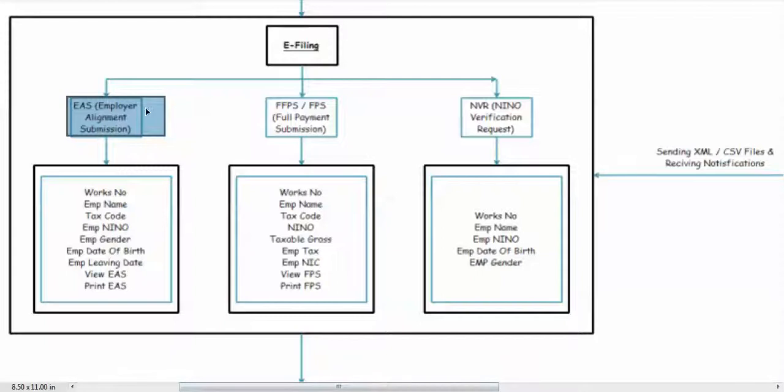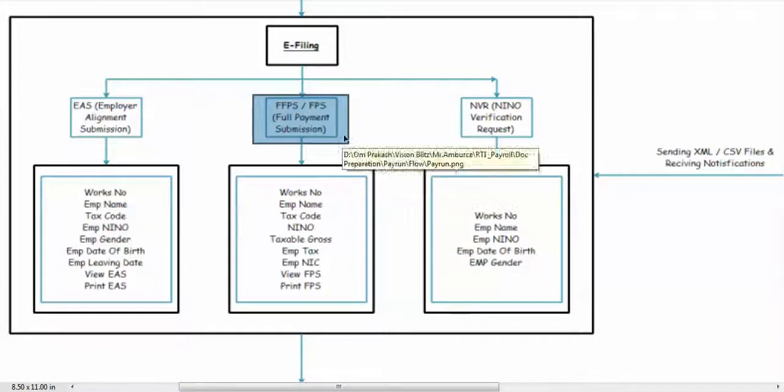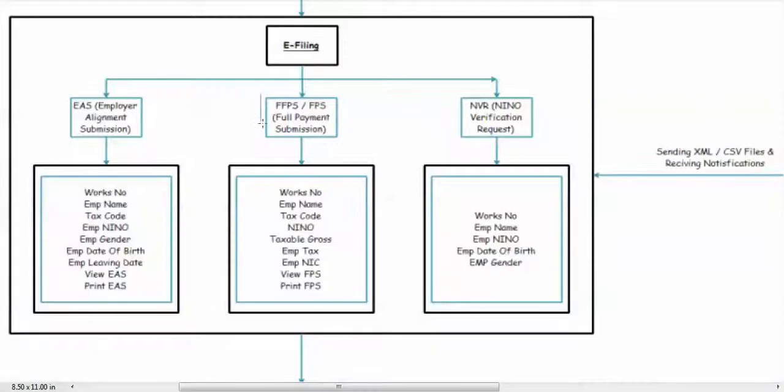So these details will be shared in the e-filing process. Also the FPS, that is the full payment submission or first full payment submission document, needs to be shared with the HMRC by the users.